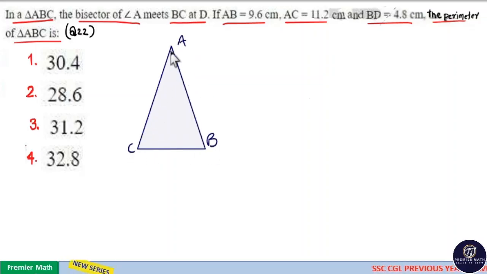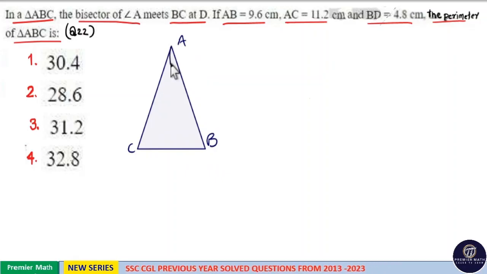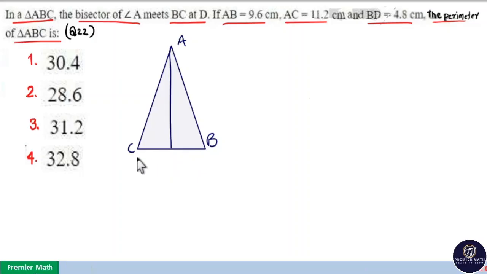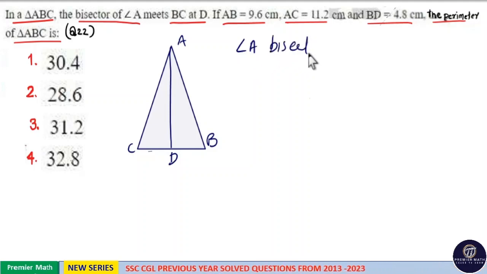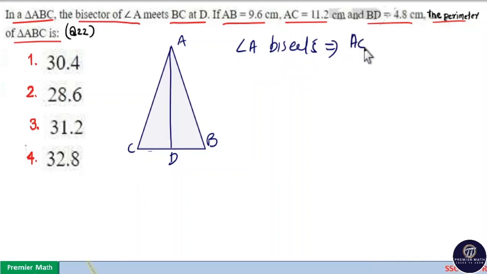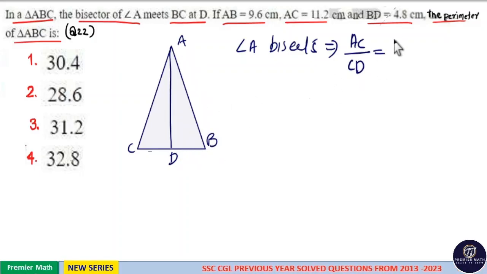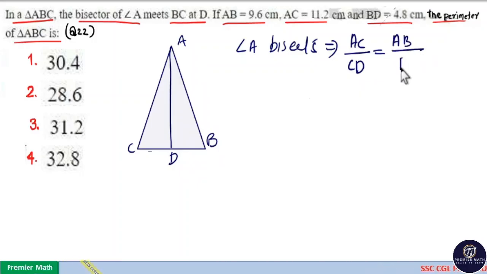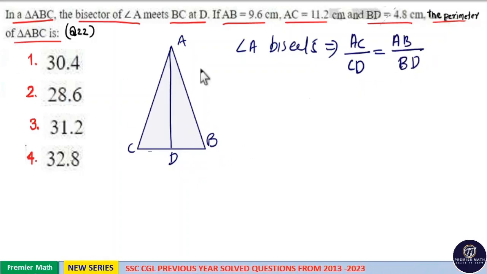Now bisector of A means this angle A bisects equally, that is equally divides, and meets BC at D. Now here when angle A bisects, you can see the ratio between side AC and nearest side CD is equal to the ratio between side AB and nearest side BD. Now with this you can solve this question.